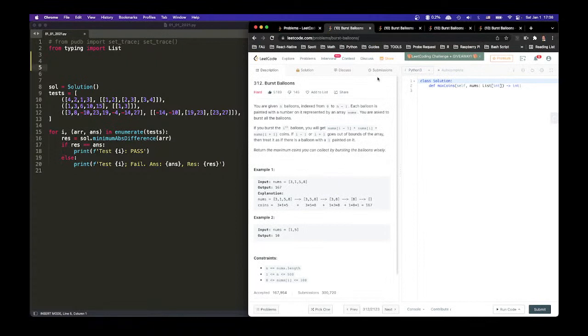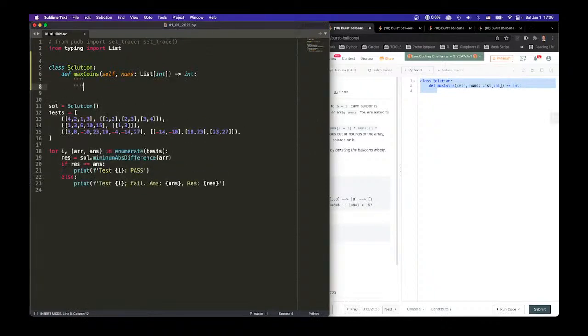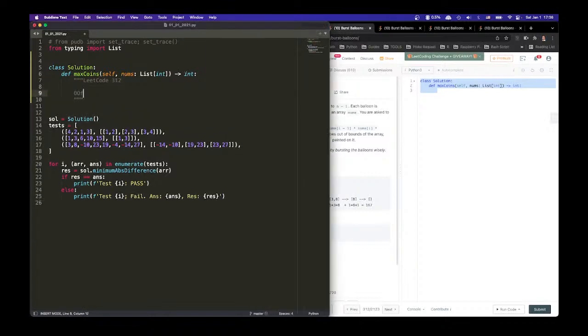Yeah, it was very clear after you read the solution, but man, oh man, this is not easy. 312.